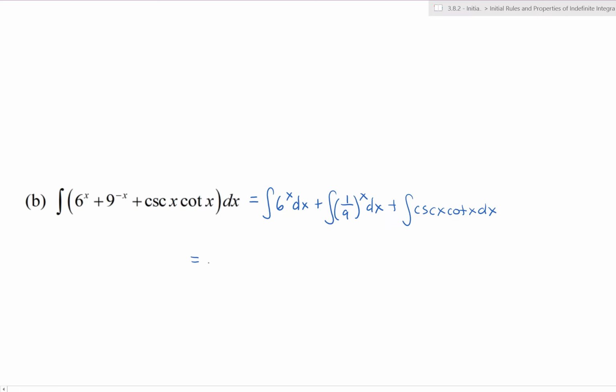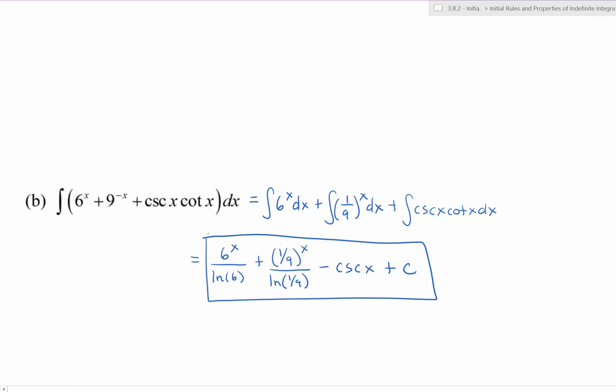Applying our exponential rules, we get for the first integral 6 to the x divided by the natural log of 6, and then plus a 1/9 to the x over the natural log of 1/9, and then think, which function has a derivative that's equal to the cosecant of x times the cotangent of x? And in fact, that would be the negative cosecant of x function plus that constant here.